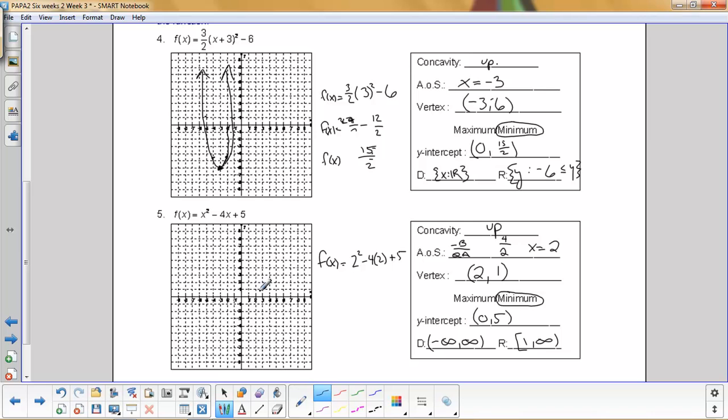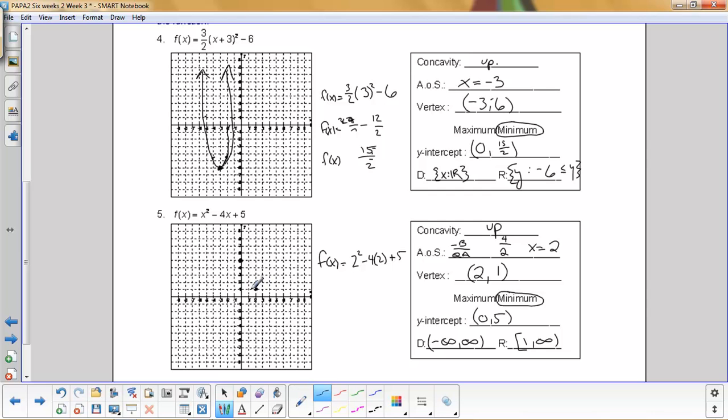Okay, so what you're going to do now is graph this based on all of these things right here. So I will go ahead and go over 2, up 1. And from there I will use my critical values. Actually, I'll use the y-intercept to determine if the critical values have any stretch or compression here.